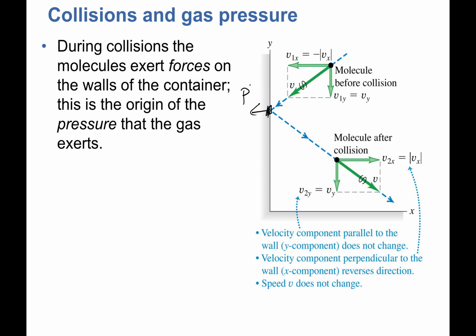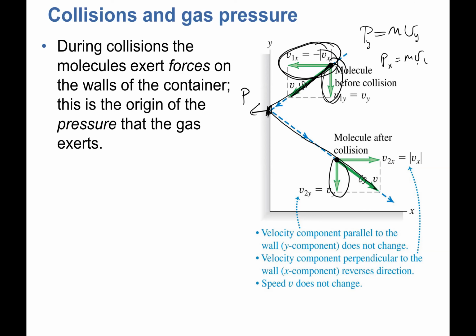Now, what you can see here is there's a little bit of mathematics involved, where you take the velocity and break it down into horizontal and vertical components. And you can see that after the collision, the vertical component has the same momentum before and after, because remember, momentum here is mv, so let's say py equals m times vy, and then px equals m times vx.